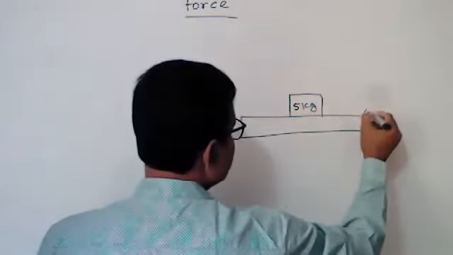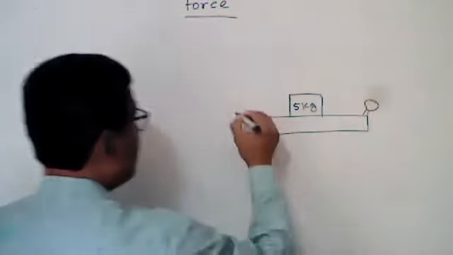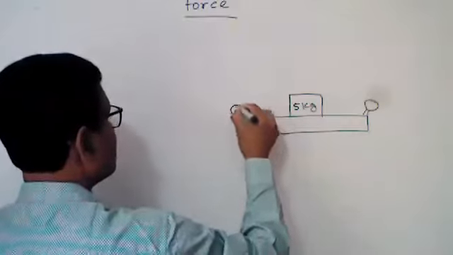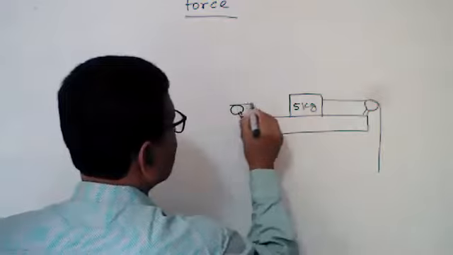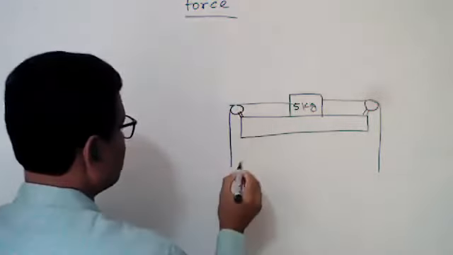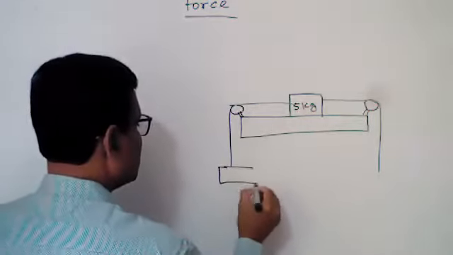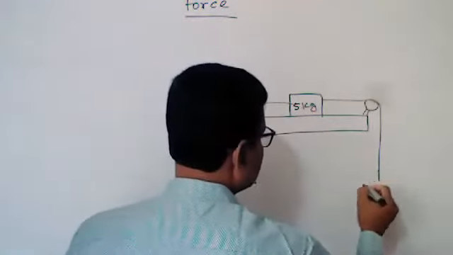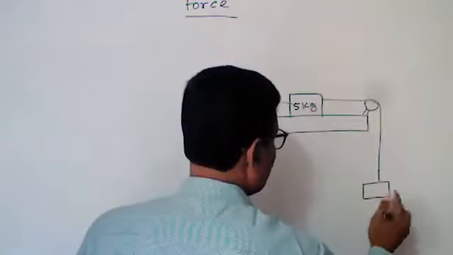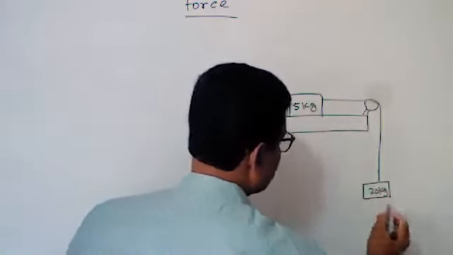Here is a pulley and here is also a pulley, and there is a mass. Suppose this mass is 10 kilogram and this mass is 20 kilogram.